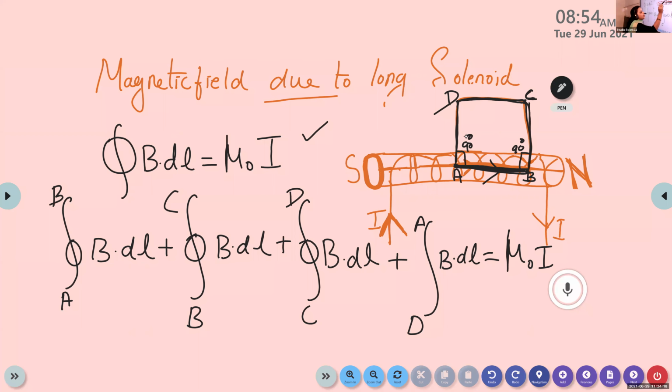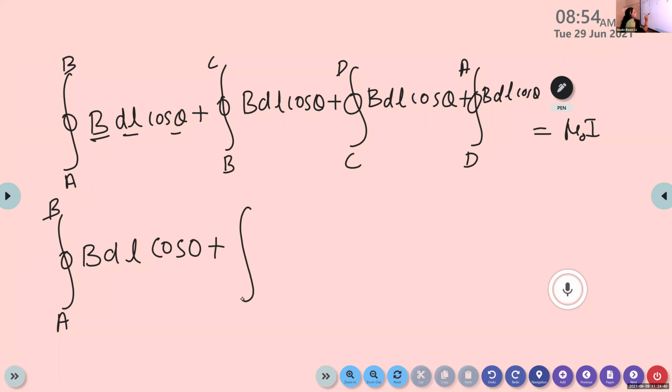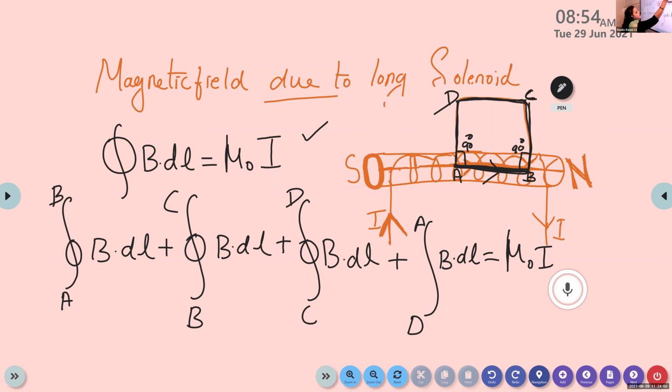So we can substitute the values of all these theta in our equation. So it becomes closed integral over A to B, B dl. What is the angle between the length AB and the magnetic field? Cos 0, plus closed integral over B to C, B dl. Here this part B to C, the angle is 90 degree.